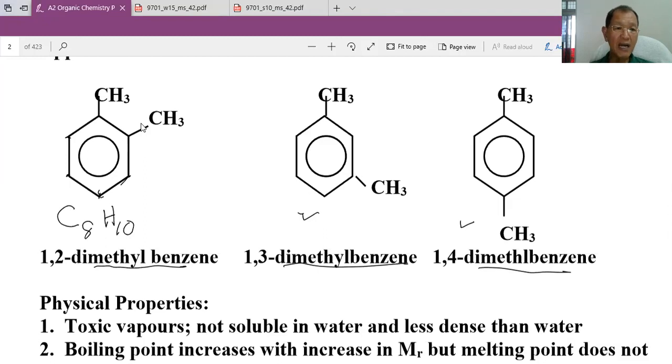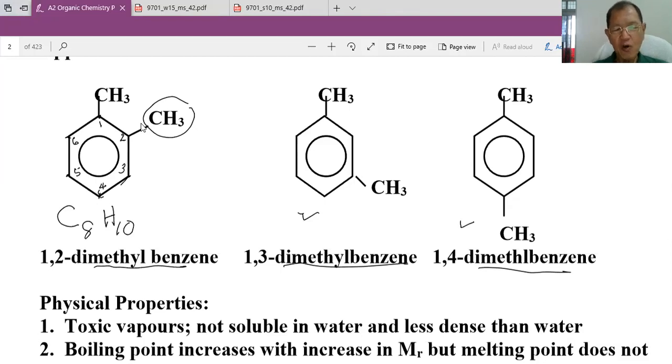Normally, the one up here as the reference point. This carbon is called carbon 1, carbon 2, carbon 3, carbon 4, carbon 5, carbon 6. But normally, to see the position of the methyl group here, we take the smallest number in naming.